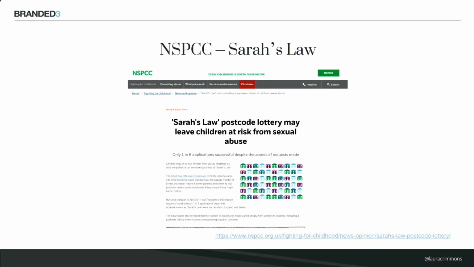They did a freedom of information request to find out how many applications under the scheme had actually been successful in England and Wales, and they found that only 1 in 6 applications had been successful, despite the fact that thousands of requests were being made. That's obviously a really powerful stat for them to go out to journalists with, and like I say, it's a trusted source. You're getting it directly from the parties involved. So that's a great example of a freedom of information request being used.